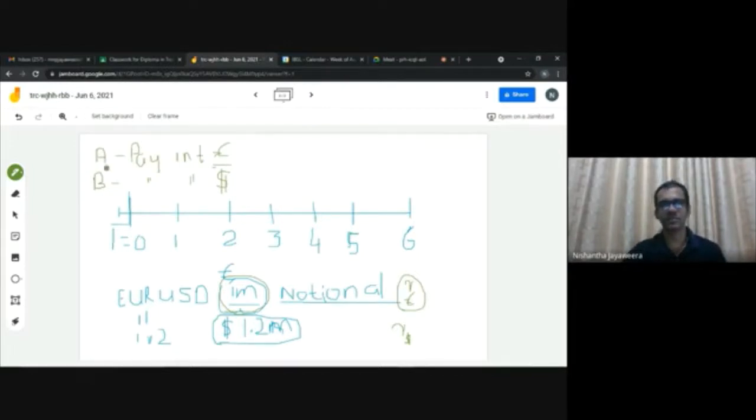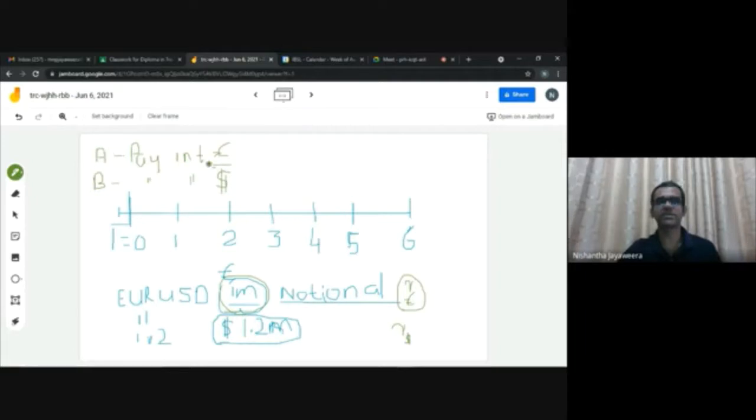This is like party A borrows euros from party B, and party B borrows dollars from party A. Both parties borrow the other currency. One party borrows dollars while lending euros, and the other party borrows euros while lending dollars. That's the nature. But indeed, there may not be any borrowing or lending. What do they agree?